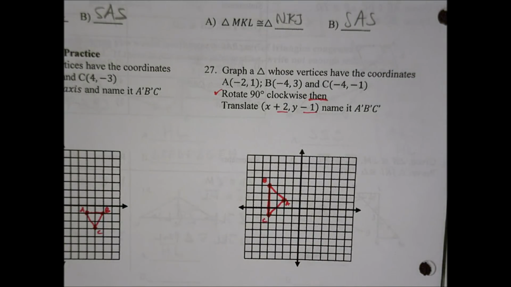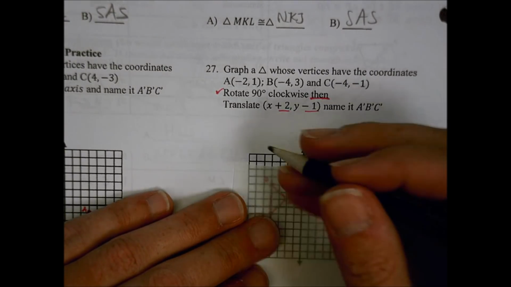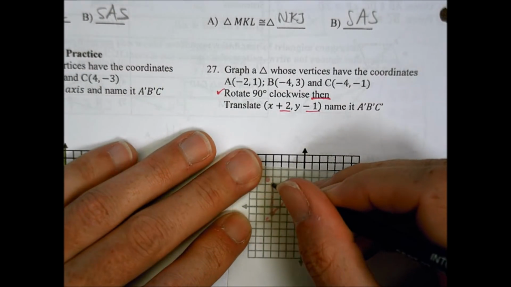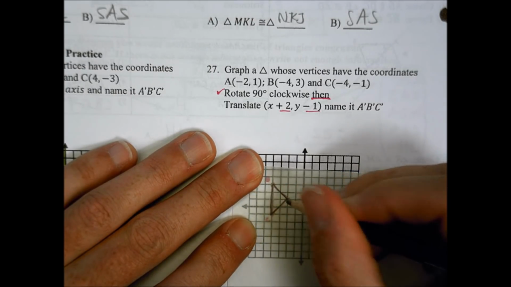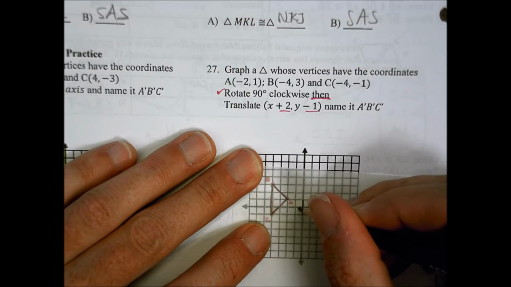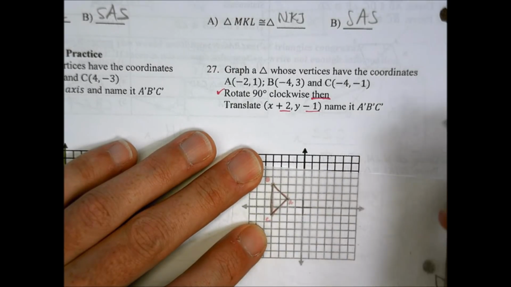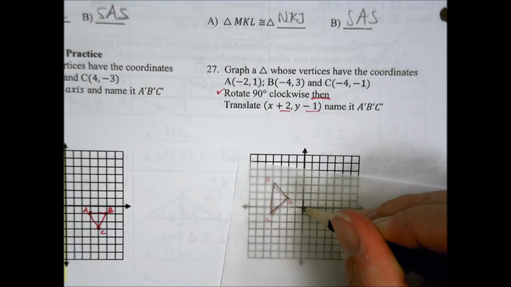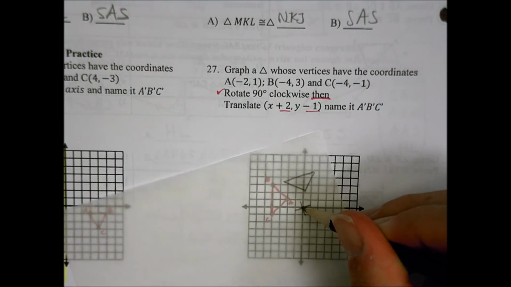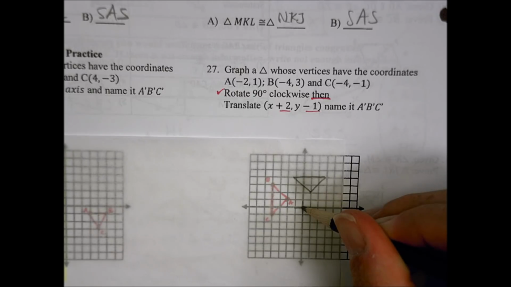If you're going to talk about rotating and translating things, sometimes it's helpful to just maybe visually see this here. If this is my initial triangle, here, here, and here, and this is my origin right there. If I rotate this 90 degrees, I put a pencil down there, and I'm going to rotate it clockwise 90 degrees until my T snaps in place, and I land right about there.